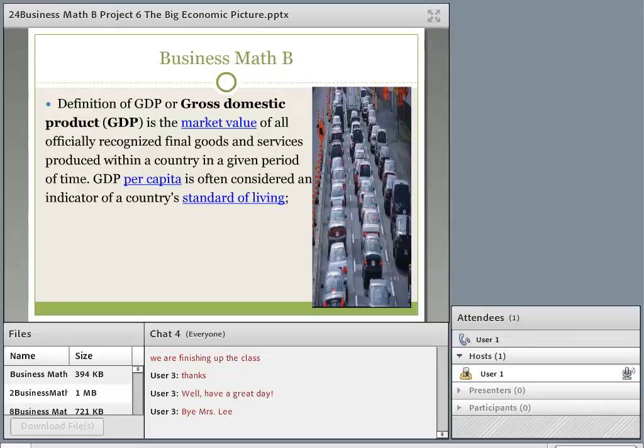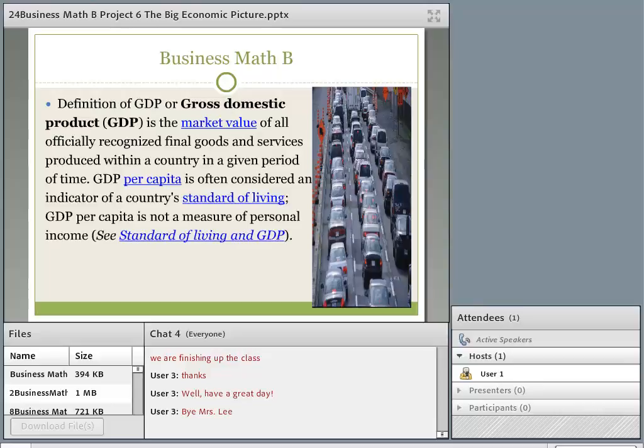Just take that in for a minute, because it's on a little bit larger scale than the business scale that we've been working on in all the other chapters. So again, this is the goods and services produced within an entire country within a given period of time. So it's not really a measurement of individuals' personal income. That's not really what it's about, okay?